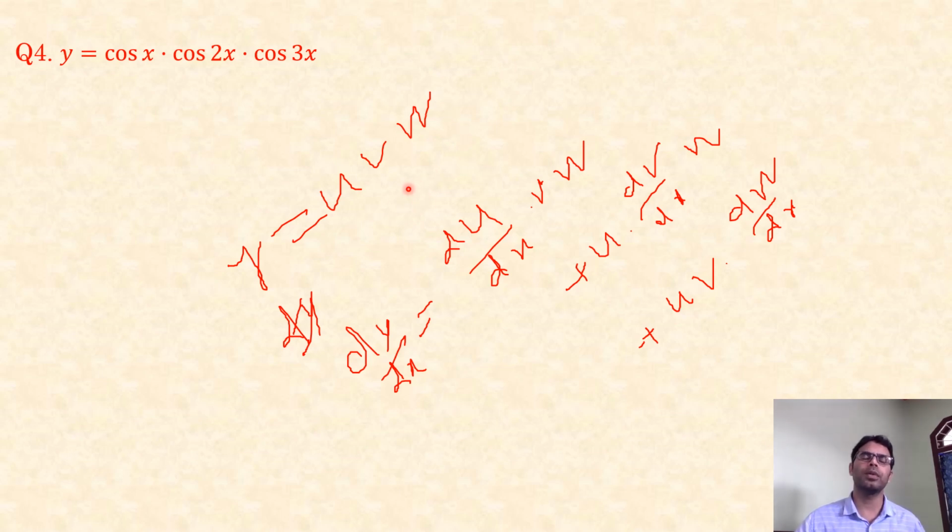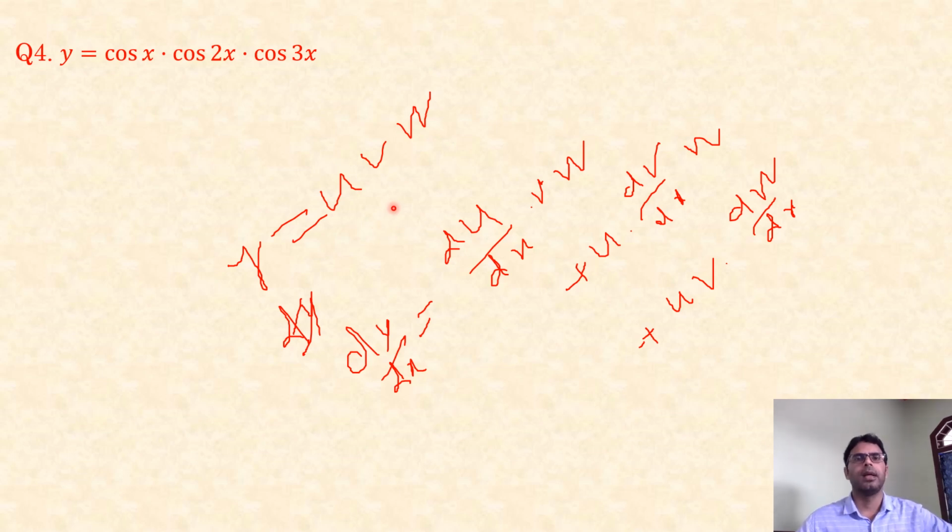It may be 4 also, u, v, w, say r, then first the differentiation of u with the rest of the terms remaining the same, then the second one, then the third function, then the fourth function. This is the way of differentiating if the given function is a product of more than two functions.